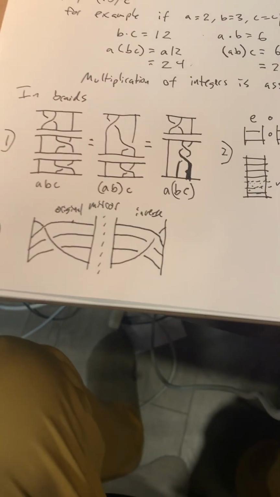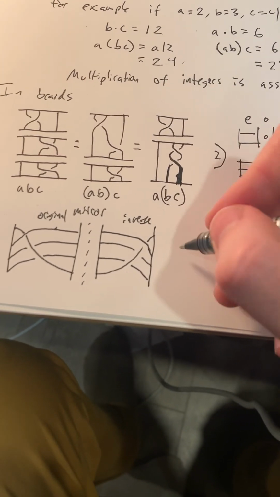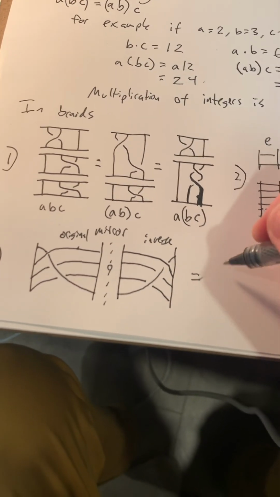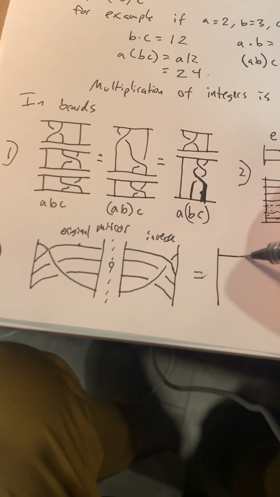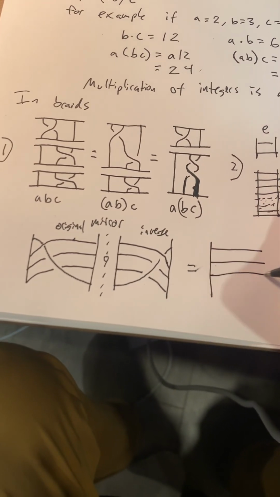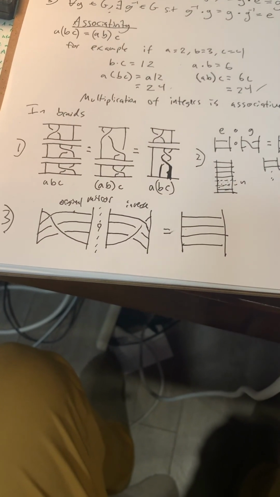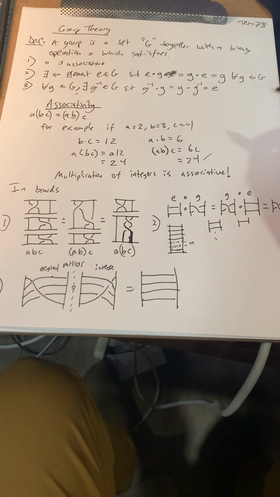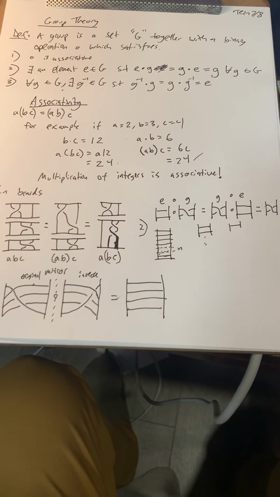Like so. And if we connect these two braids together, then the product is the identity on however many strands we're dealing with. Which here is four. So that gives us our third property. Right. We have all 3 properties of a group, which means this successfully defines a group.